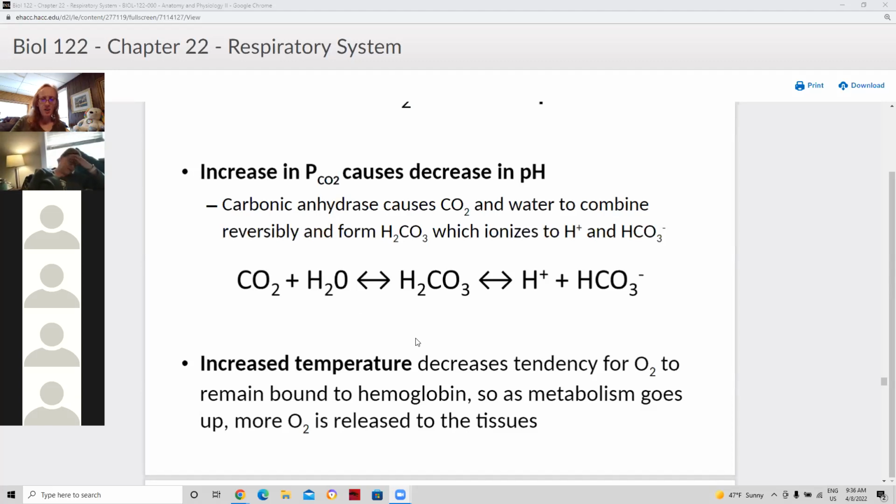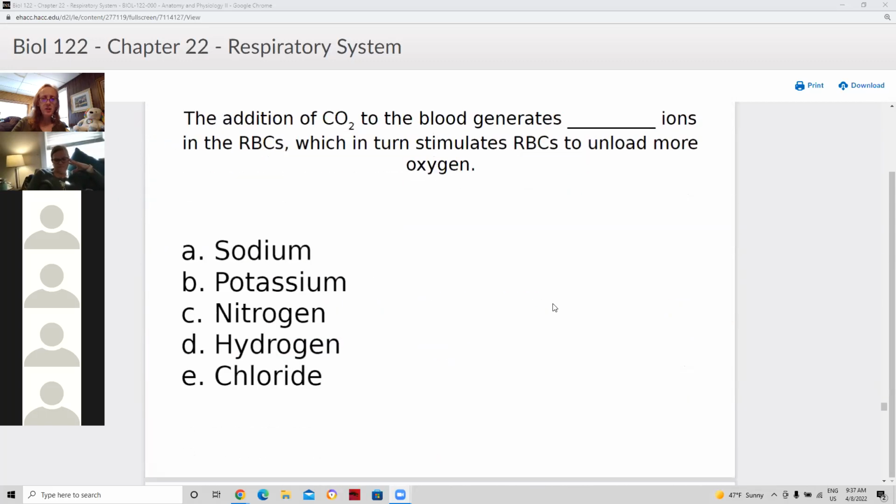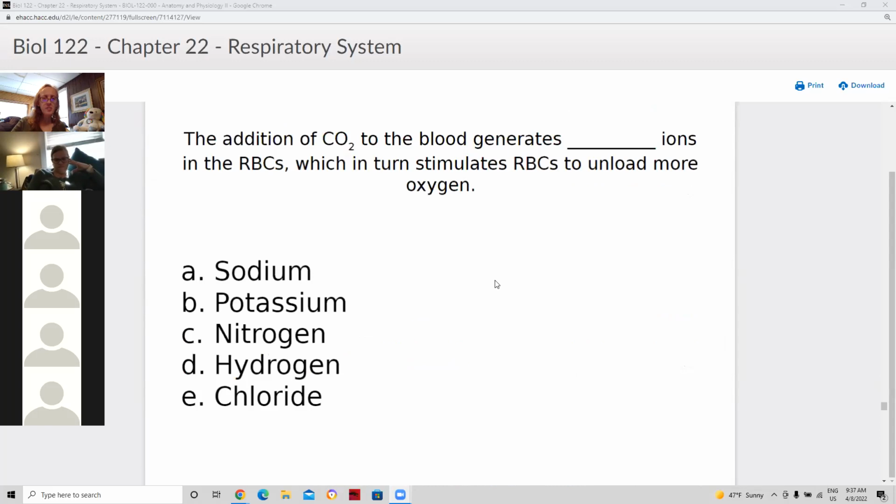And then that changes to hydrogen ions plus bicarbonate. Okay, so for this question, the addition of carbon dioxide to the blood generates what in the red blood cell? Hydrogen ions.